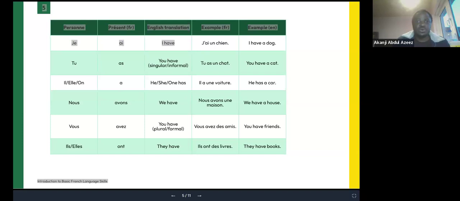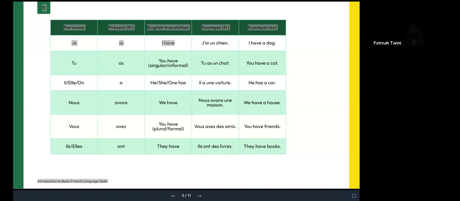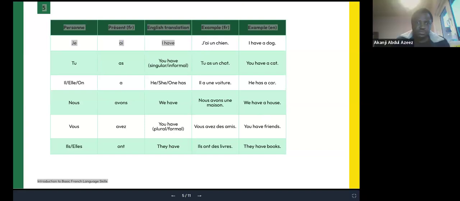So I will write it here. I have a board here. Let me take my whiteboard. I don't know whether you can see my screen. Can you see the whiteboard?